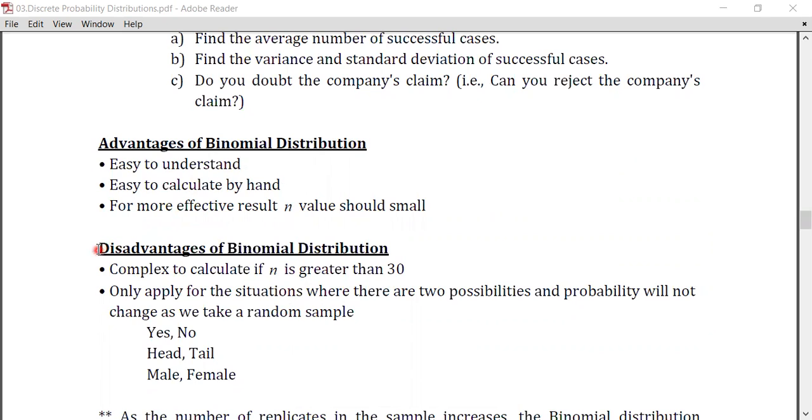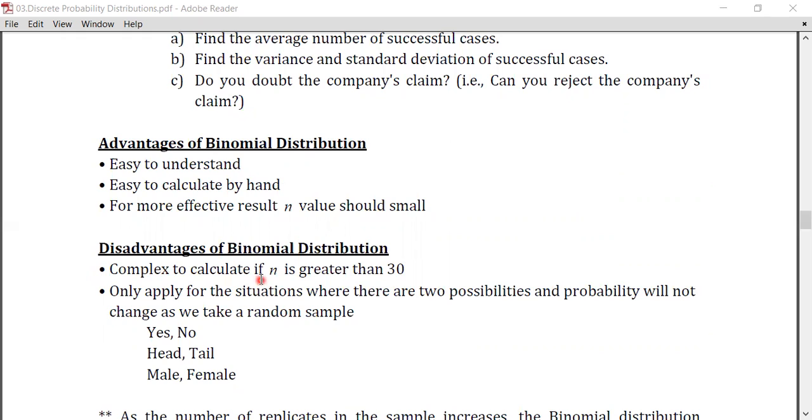Then we go to the disadvantages of the binomial distribution. The binomial distribution is complex to calculate if the value of n is greater than 30. If you have a large value for n, it is complex to calculate, because we consider the failure probability to the power n minus r. If n becomes large, then you have to deal with a large power value.